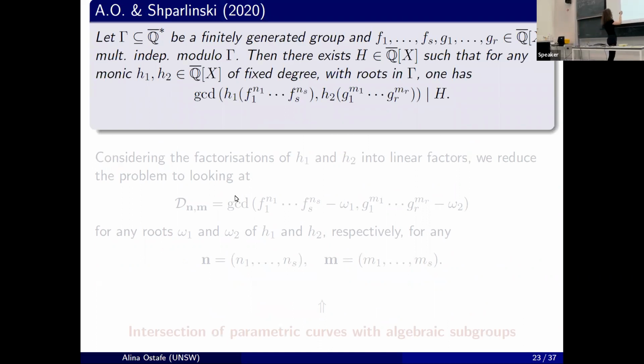Let gamma be a finitely generated group, and all the functions fi, gi are polynomials, which are multiplicatively independent modulo the group. Then there exists a polynomial h, depending only on the initial data, such that for any univariate polynomials of fixed degree with roots in gamma, the GCD of these two polynomials divides h.